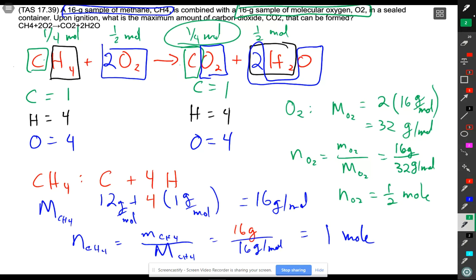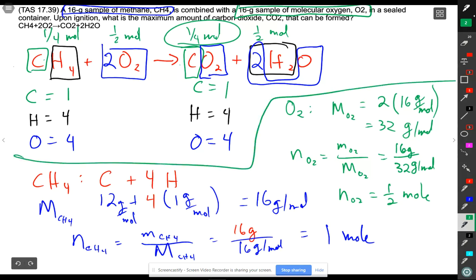If we have 1/4 of a mole, what's 1/4 of 44 grams? 44 divided by 4. 11, yeah. So we would have 11 grams. So you can either say 1/4 mole or 11 grams, but you have to show the work that is below that line.